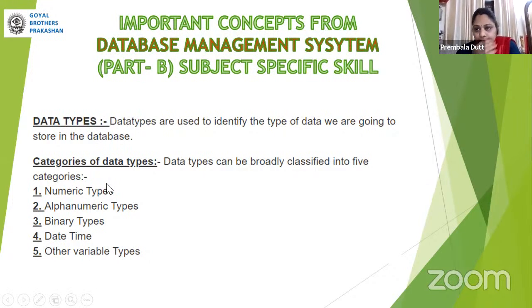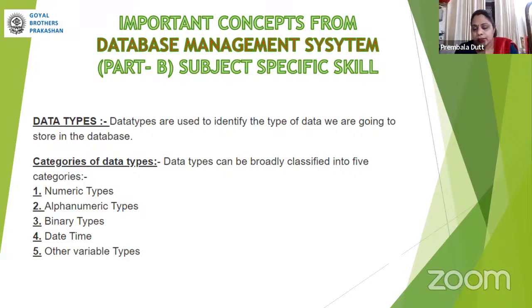So there are certain categories amongst which this data could be saved, for example, numeric types, alphanumeric types, binary, date and time, and other variable types. Students should be well oriented about what are different data types. Data type means the type of value which they can store.